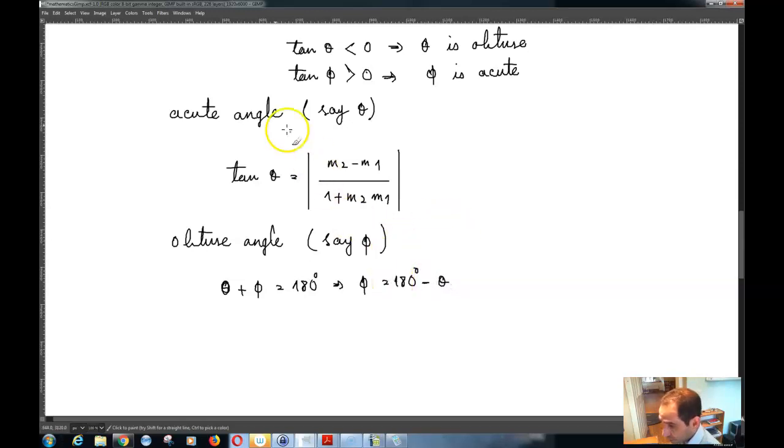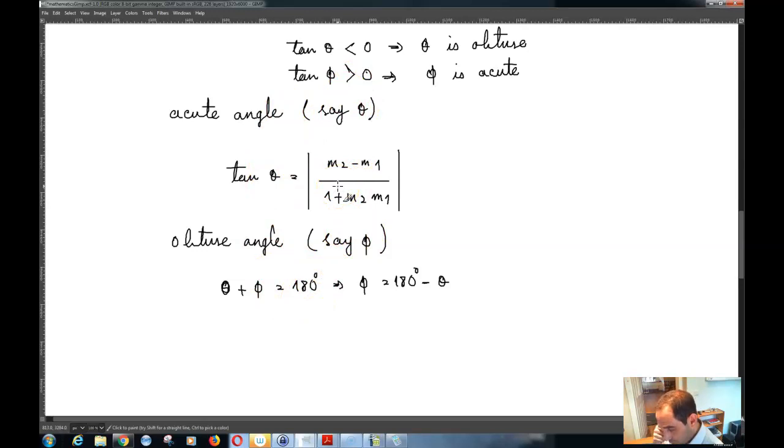And that's basically all there is to it. So tan of theta is equal to the absolute value of (m2 minus m1) over (1 plus m2 m1), and once you have that angle, you can use it to find the other angle as well. That is the whole story.